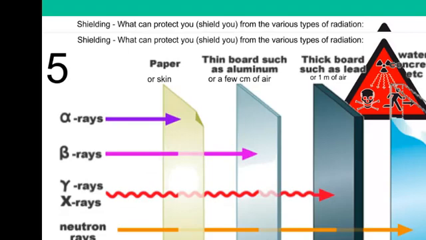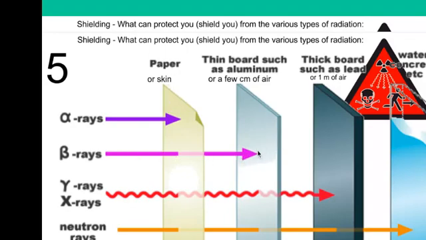So, to protect yourself, what can shield you from this radiation? A thin board, like aluminum. That is going to protect you from beta radiation. Is paper or skin? Nope, it's going to go right through it.